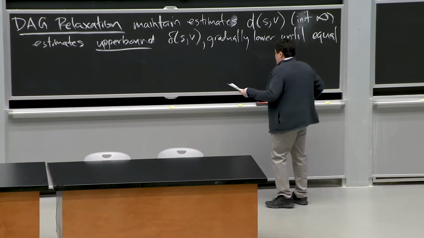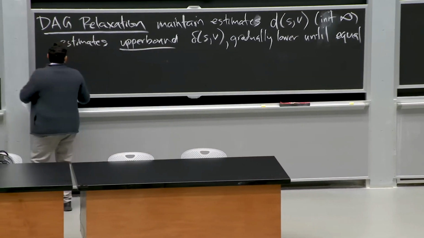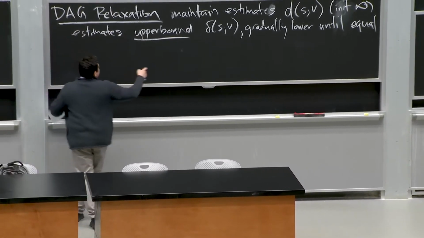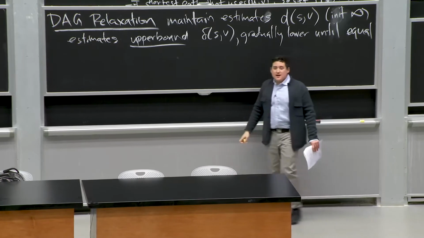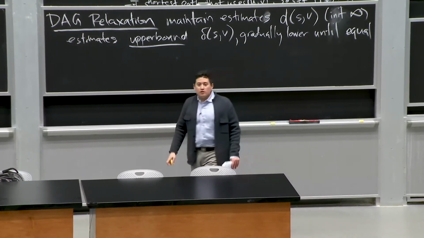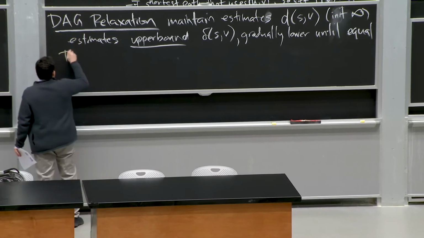Okay? So when do we lower these things? We're going to lower these distance estimates whenever they violate what we're going to call the triangle inequality. Okay, what is the triangle inequality?